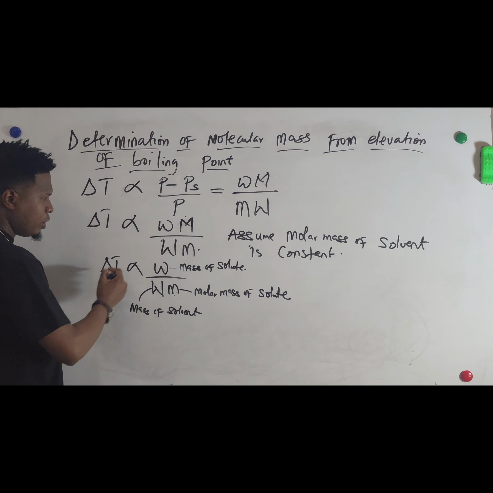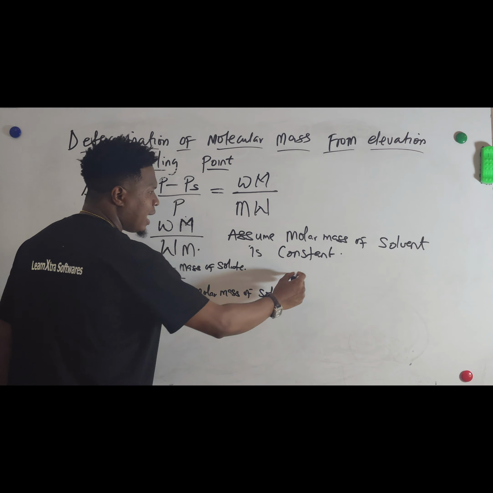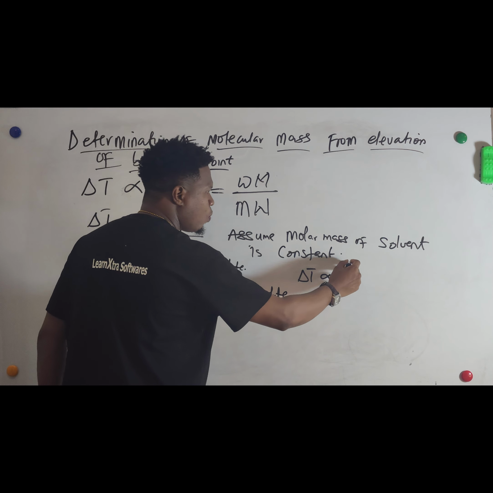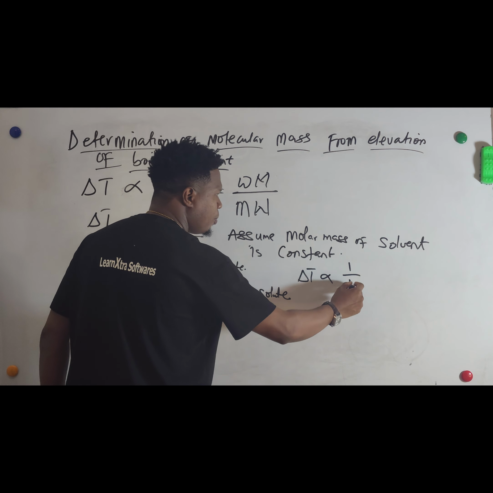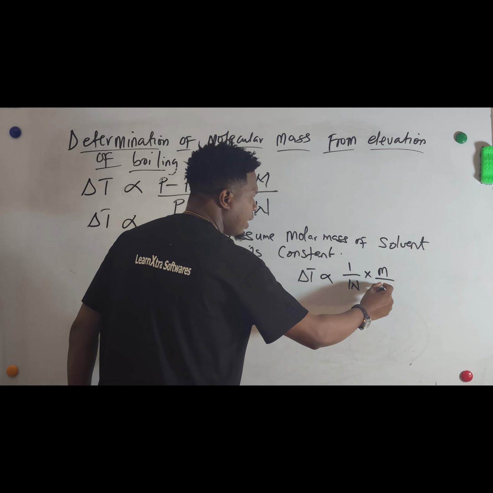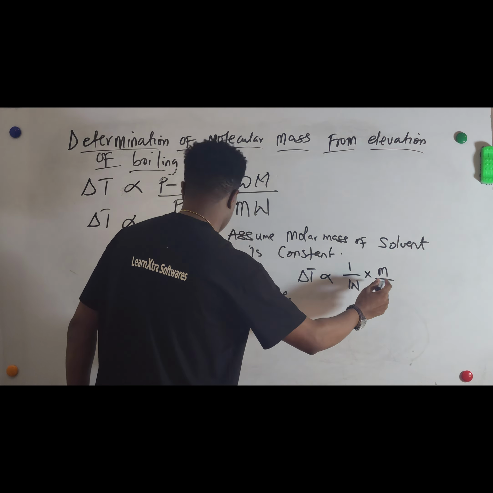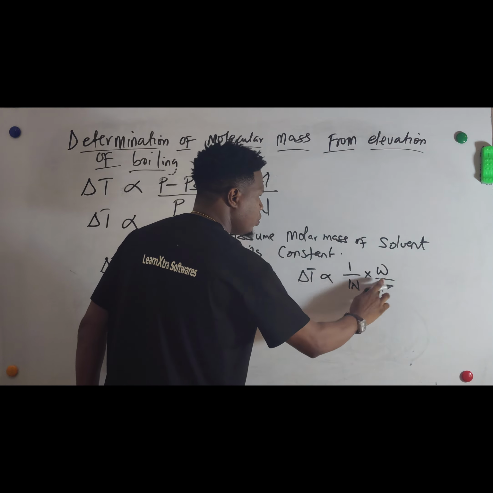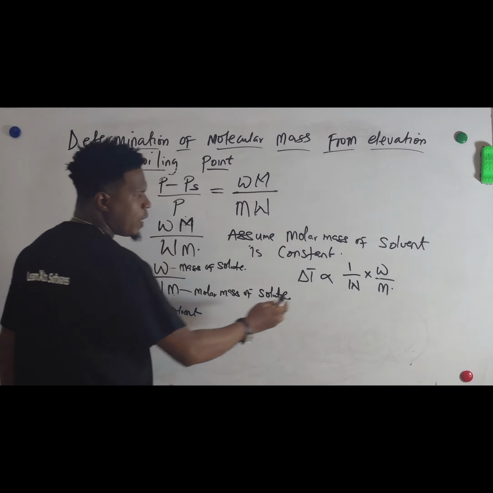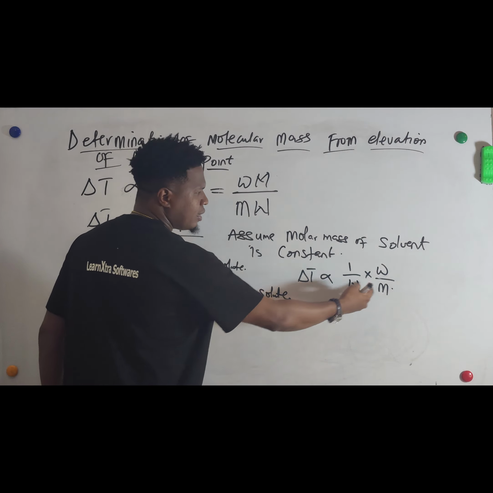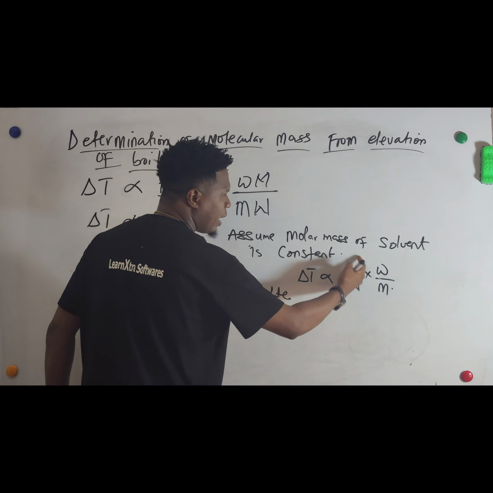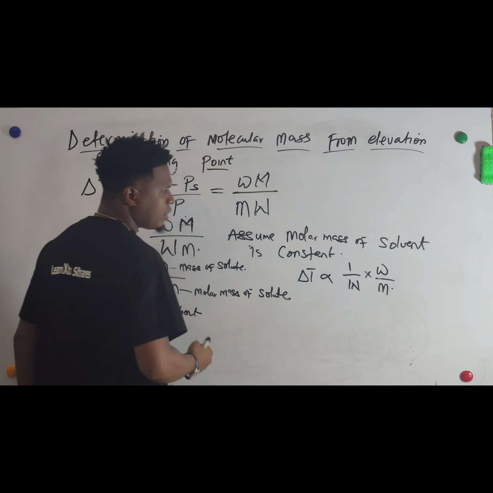So from what you are seeing here, I can also say that change in T is directly proportional to 1 over capital W multiplied by W over m, where this represents mole, and this represents the mass of the solvent.